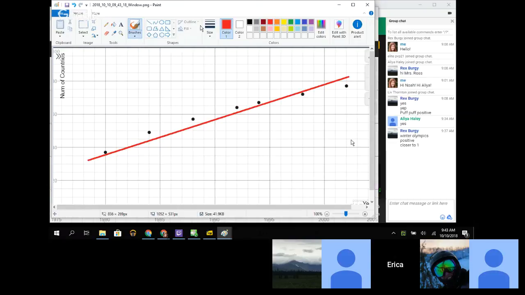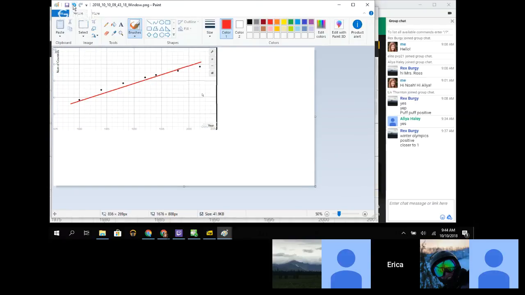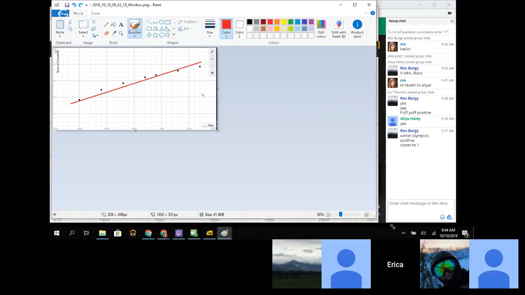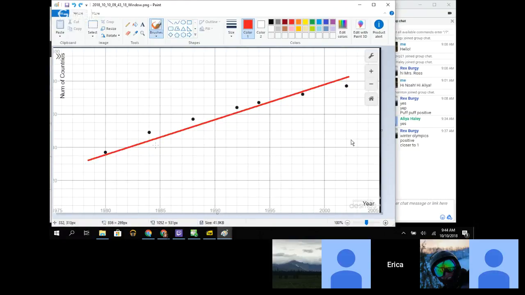Now, I want to just make it a little bigger. Sorry. Technology challenged here today. Okay, so it looks like it goes through about this first data point down here and maybe this data point up here.